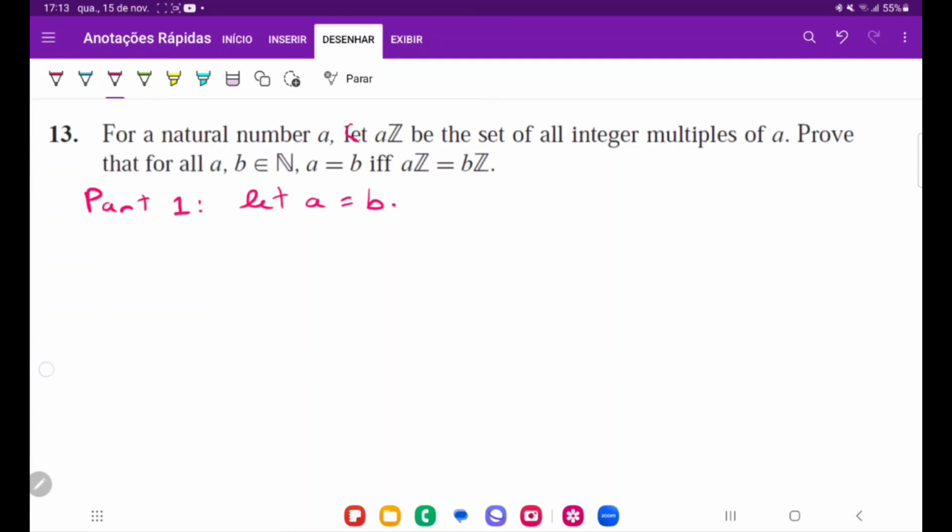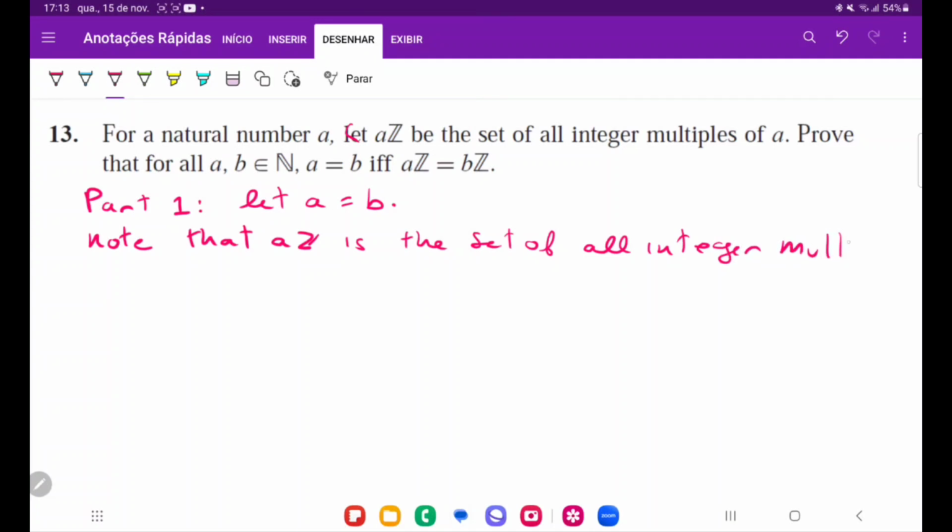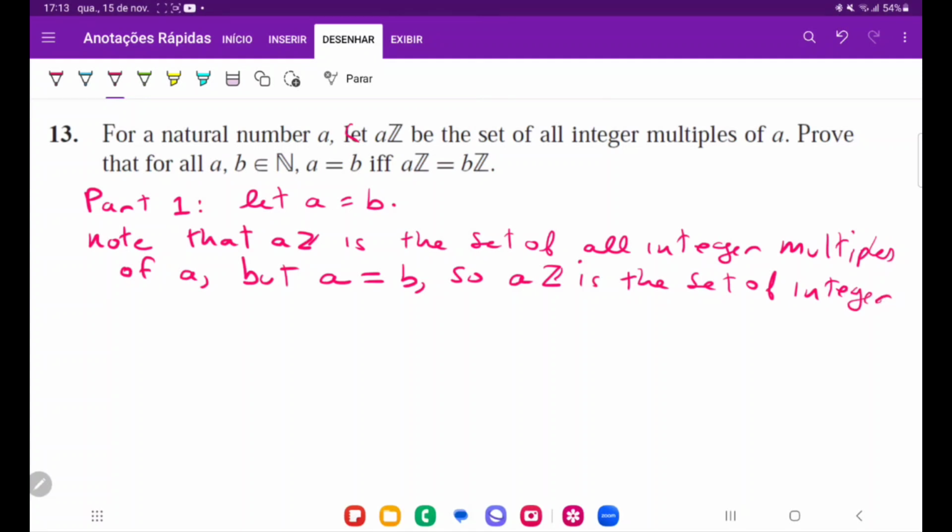So we're going to say, note that AZ is the set of all integer multiples of A, but A is equal to B. So AZ is the set of integer multiples of B, so AZ is equal to BZ.